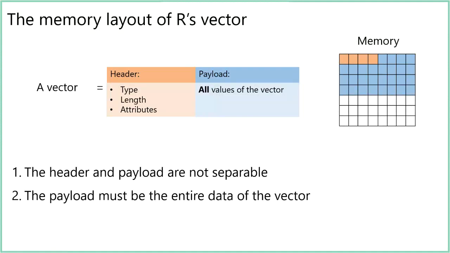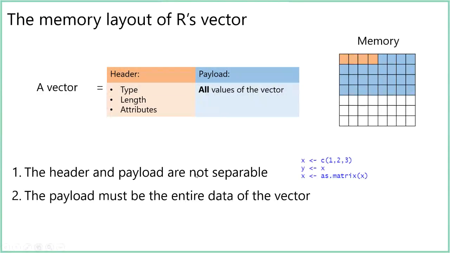Here are two major characteristics of an R vector. First, the header and the payload are not separable. Second, the payload must be the entire data of the vector, so in other words, it cannot be compressed data. That brings some room for optimization.